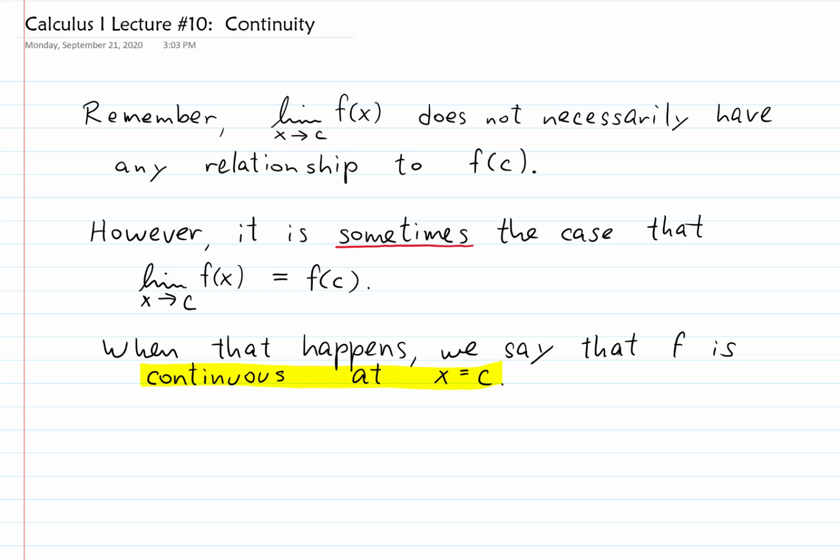That's what it means for a function to be continuous at x equals c. It means the limit of the function as x approaches c is the same number you get when you plug in c. Okay, a couple more things.